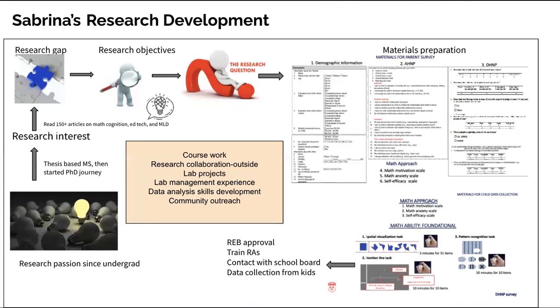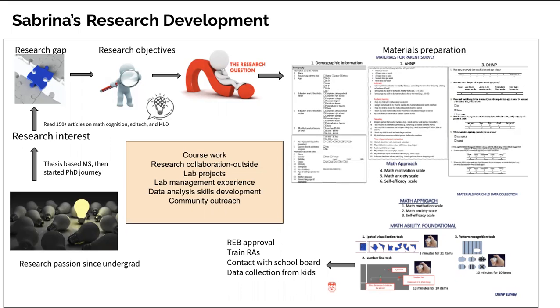Okay, thank you, Alyssa. For me, my research interest started during my undergrad, because I got psychology as my major discipline, because I always wanted to study human behavior and the practical aspect of this discipline.